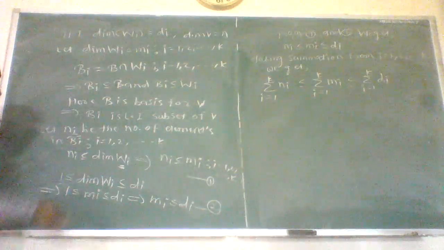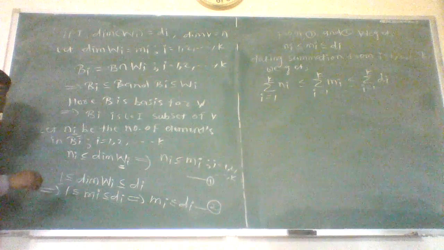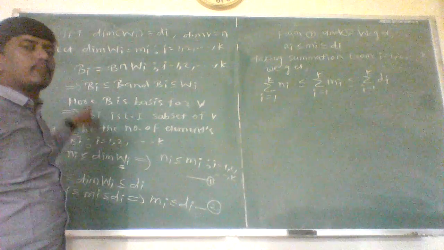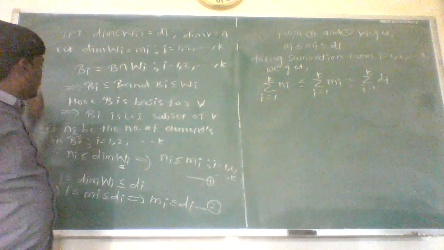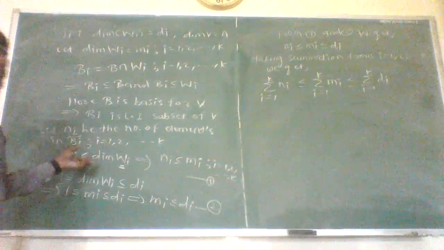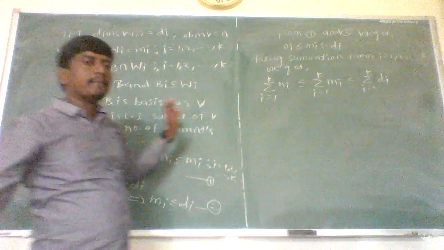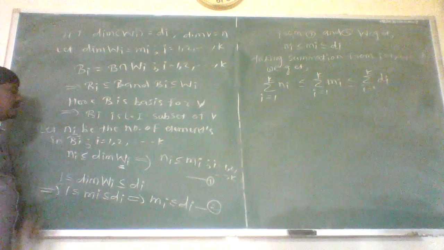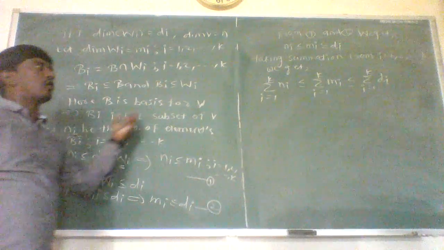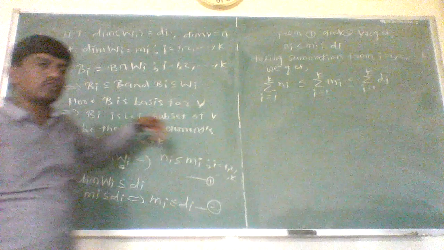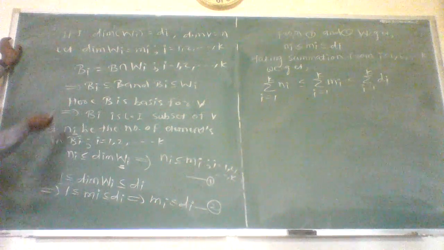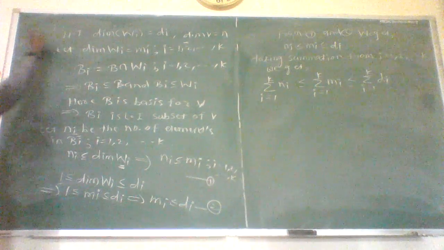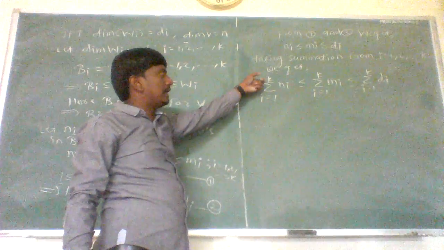In the previous theorem we have proved that the dimension of W is the number of elements in B1 plus the number of elements in B2 plus up to the number of elements in Bk. Therefore, n1 plus n2 plus up to nk is the dimension of W, that is the dimension of V, which is n.